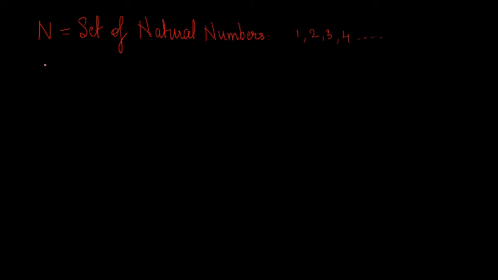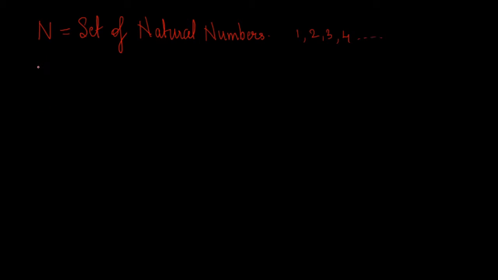First, N is nothing but the set of natural numbers. Now, what are these natural numbers? Natural numbers are going to be 1, 2, 3, 4 and so on. Continue. Okay.